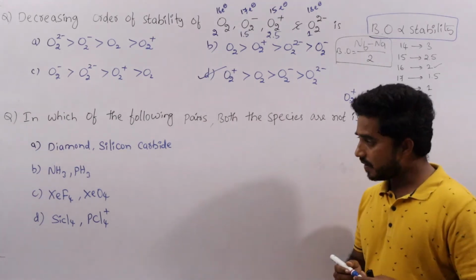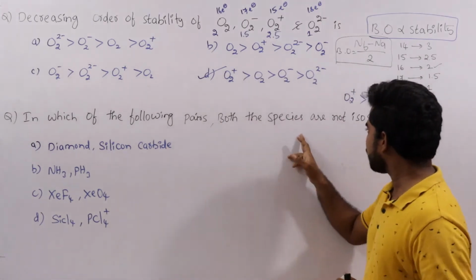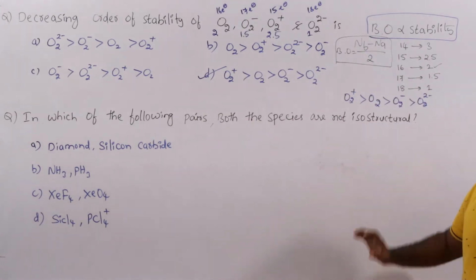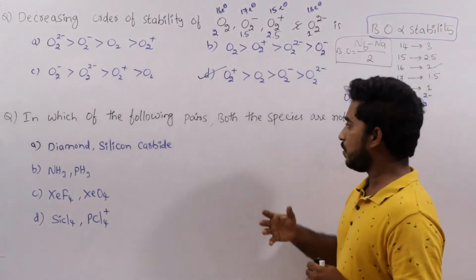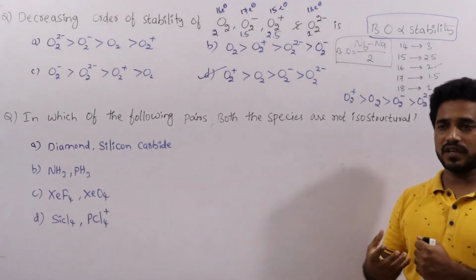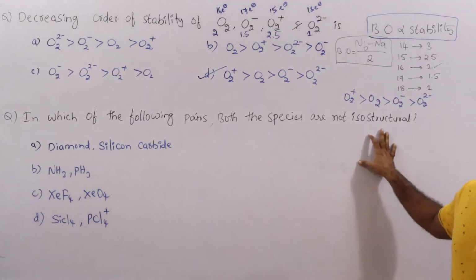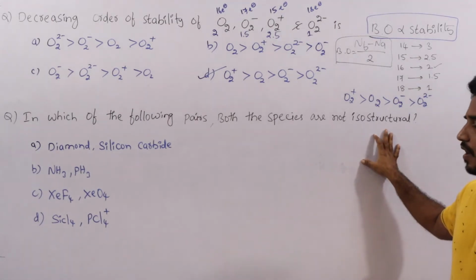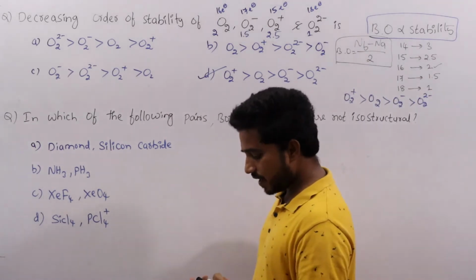Let us see the next question. In which of the following pairs are both the species not isostructural? How to find out isostructural? Iso means same, so species containing the same structure are called isostructural species. Here diamond and silicon carbide are given.